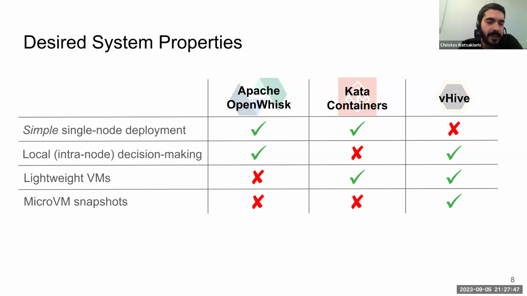But what if we're working on a single node? Kubernetes comprises numerous moving parts, and this makes the single-node stack needlessly complex to deploy, but also to hack into. So ideally, we'd want a platform that allows us to focus on resource allocation experimentation without having to deploy Kubernetes and its ecosystem, as we don't really have the need to scale out at this point.